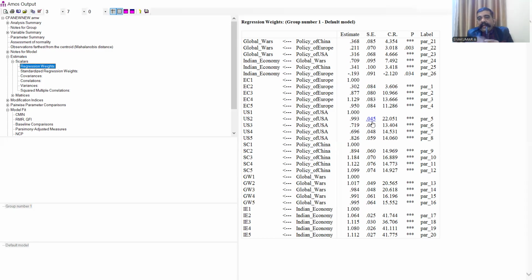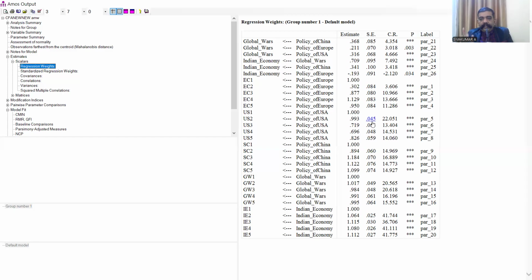That means in all 6 cases, the researcher can reject the null hypothesis. That means there is a significant relationship between the 2 constructs. That is the interpretation based on the structural modeling.